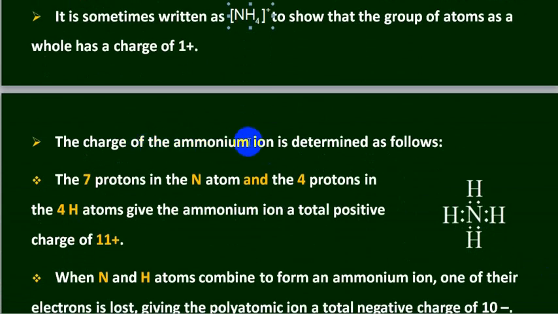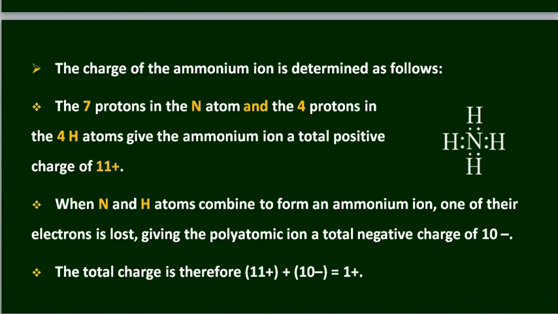The charge of the ammonium ion is determined as follows. Nitrogen has 7 protons, and each hydrogen has 1 proton, so we have 4 from the hydrogens. 4 plus 7 equals 11 protons, 11 positive charges. What about the electrons?